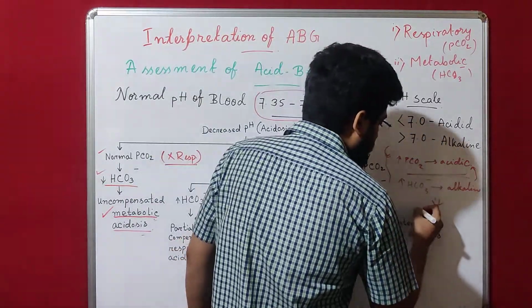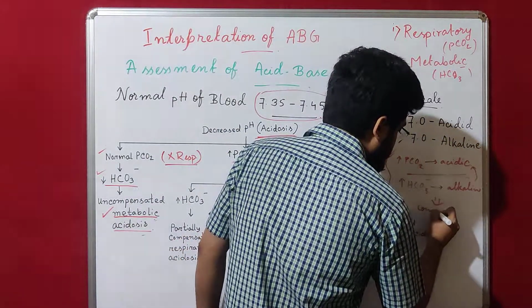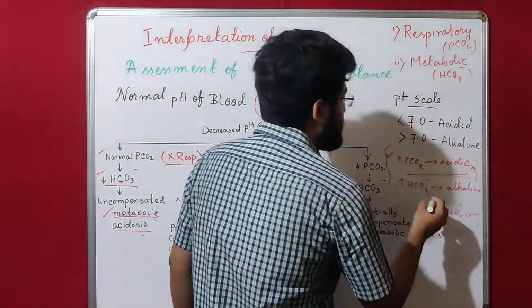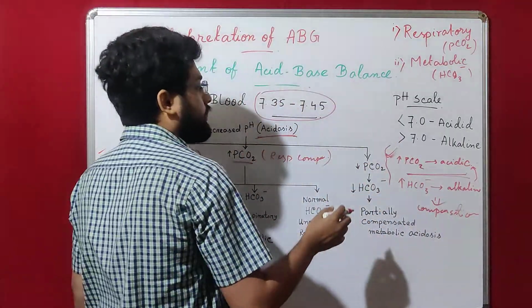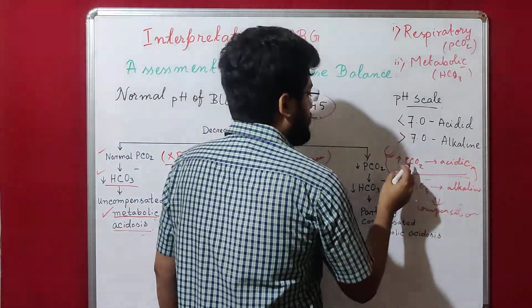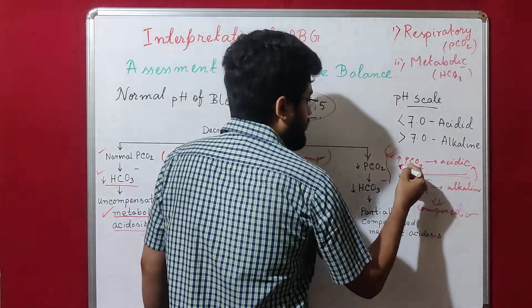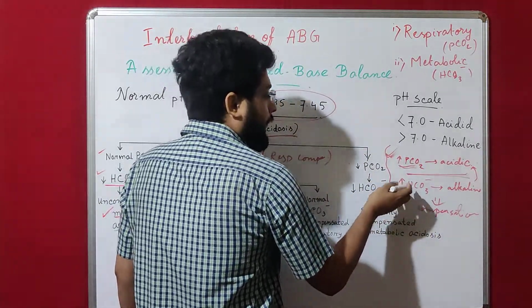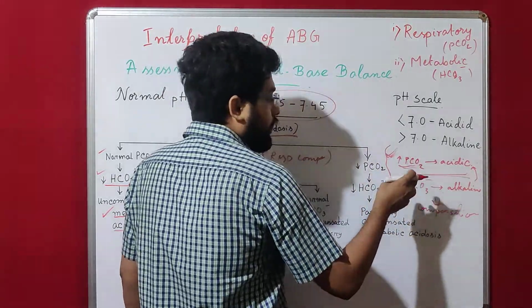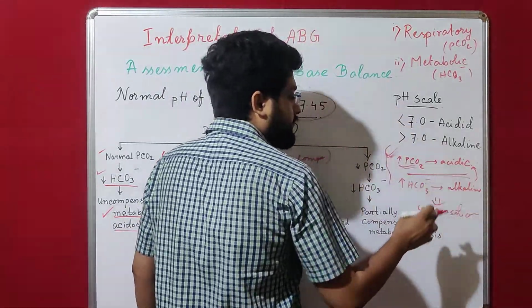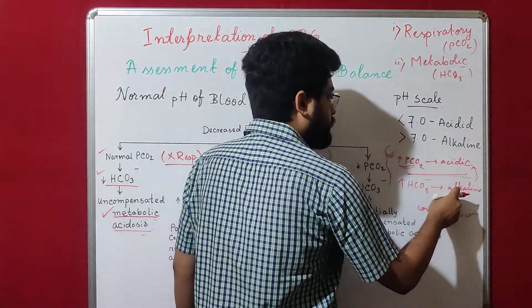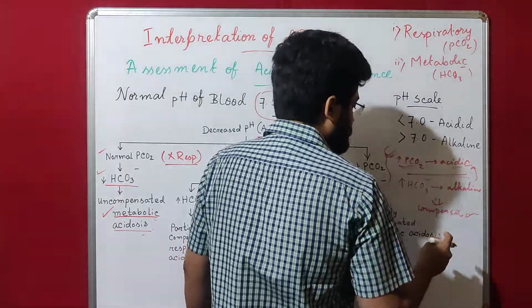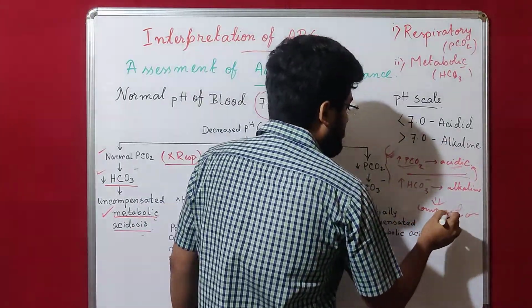This response is called compensation. That means the body is trying to compensate for the abnormal acidosis due to increased PaCO2 by increasing the bicarbonate ion, that is, by trying to make the blood alkaline to counteract the acidic nature. This mechanism is called compensation.